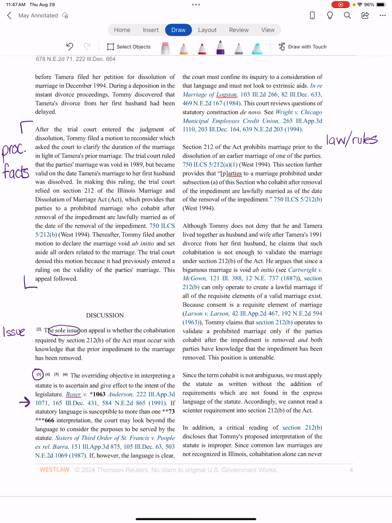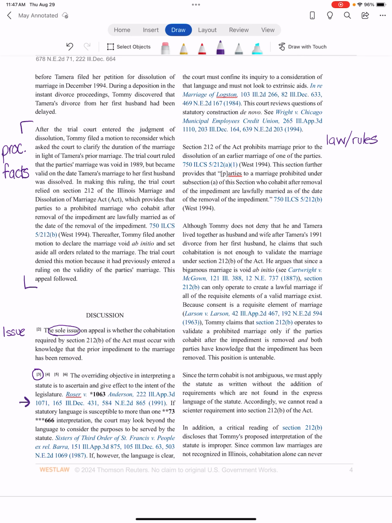Well, in my skimming, I saw that those are the names of the 2 parties. So now I know we're talking about the folks who are involved in the case. So this might be some application of the law to the complainants, to the litigants here.